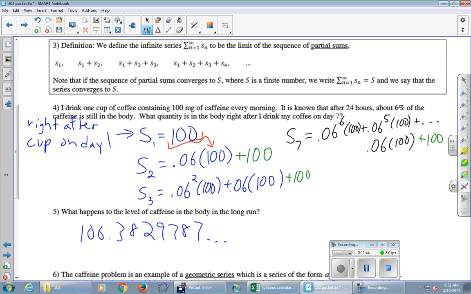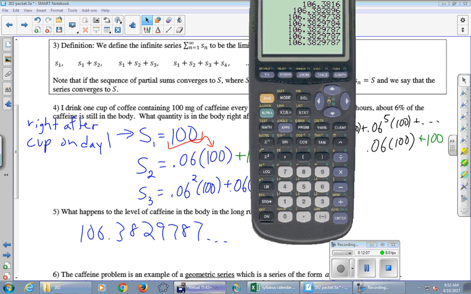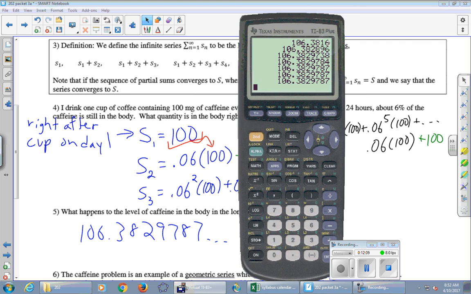Okay, so these things right here, the S1, S2, S3, and S7, they are called the partial sums. The sum that I'm actually interested in goes forever. These are partial sums because they are only part of the forever sum that I care about. And as a list of partial sums, going back to our calculator, it is a list of numbers, right?